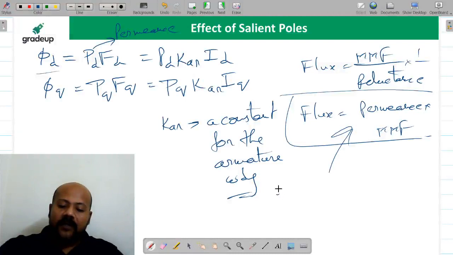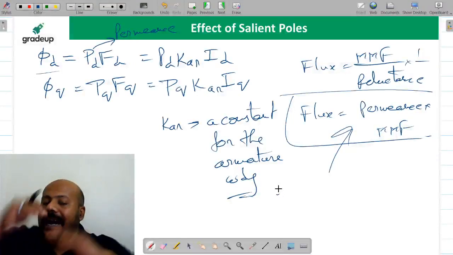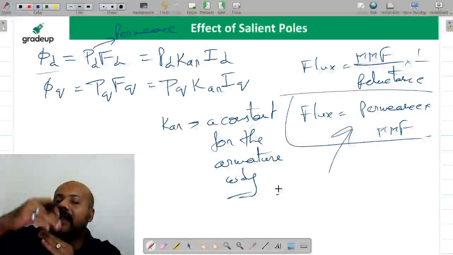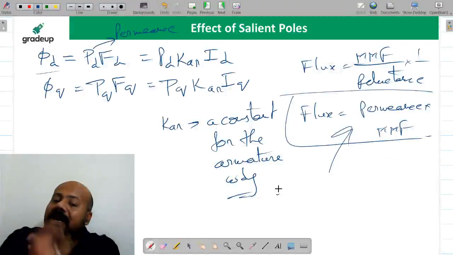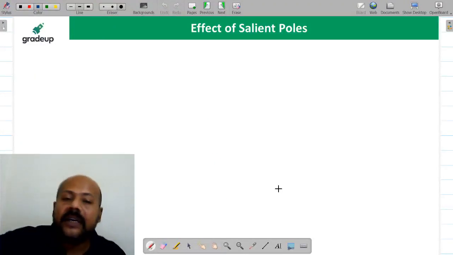Now let us see here what we are going to do. We are writing this armature reaction, ultimately we are going to model it with the help of reactance or in terms of voltage drop. Yes or no? In terms of reactance or voltage drop.